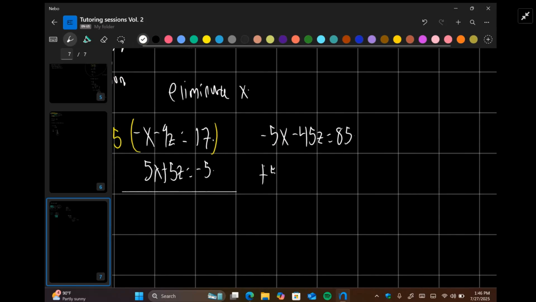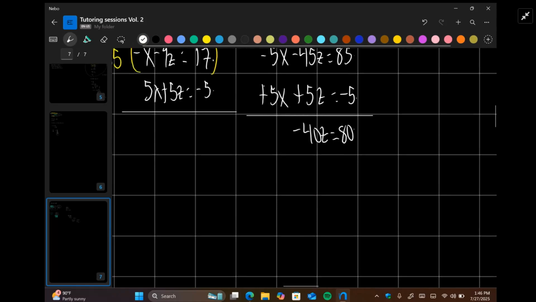And then we have plus 5x plus 5z equals -5. So then we get -40z is equal to 80.